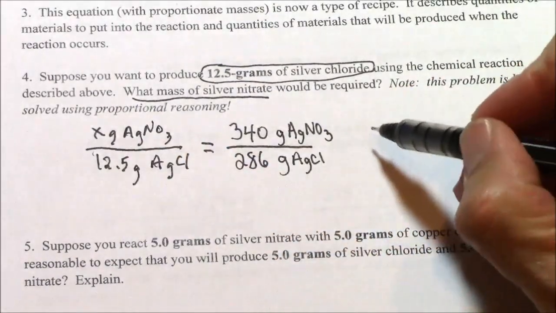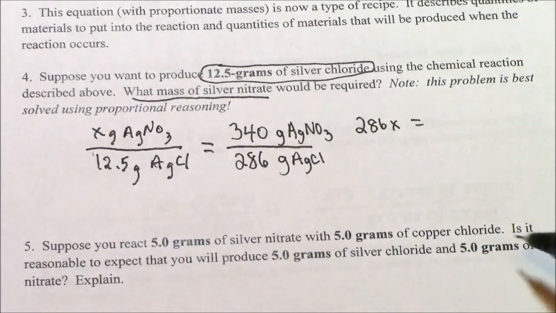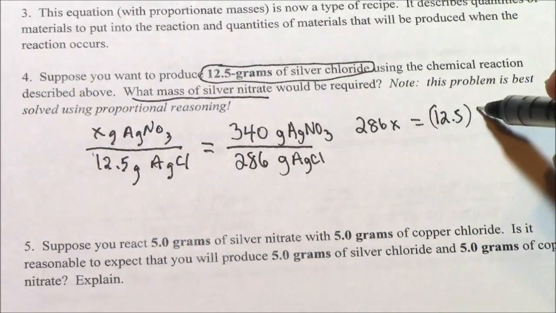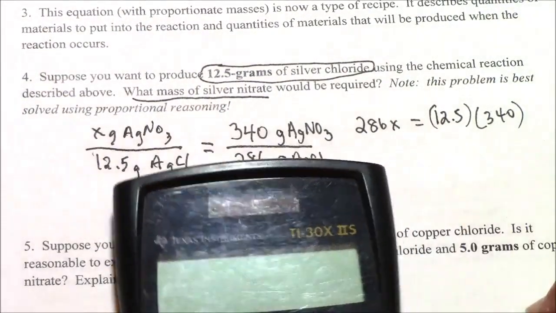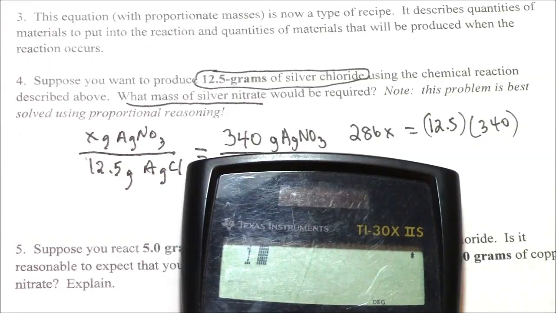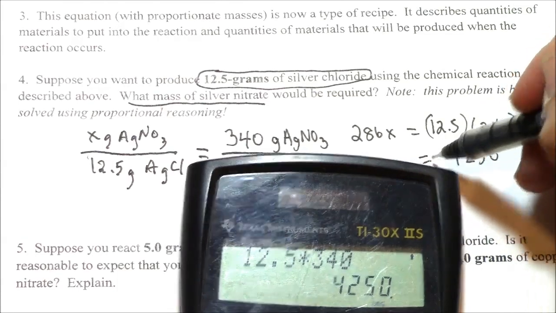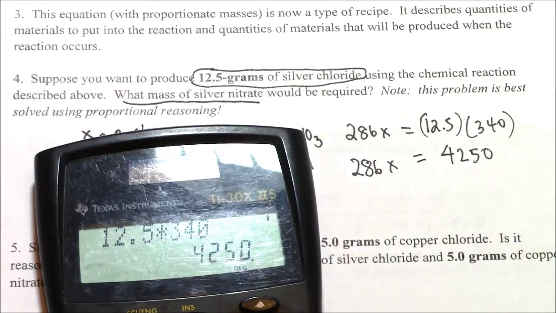I'm cross multiplying. I have 286x equals 12.5 times 340. Now I'm pulling out my calculator and I will type in the proper numbers to get an answer. 12.5 times 340 is 4,250. 286x equals 4,250.